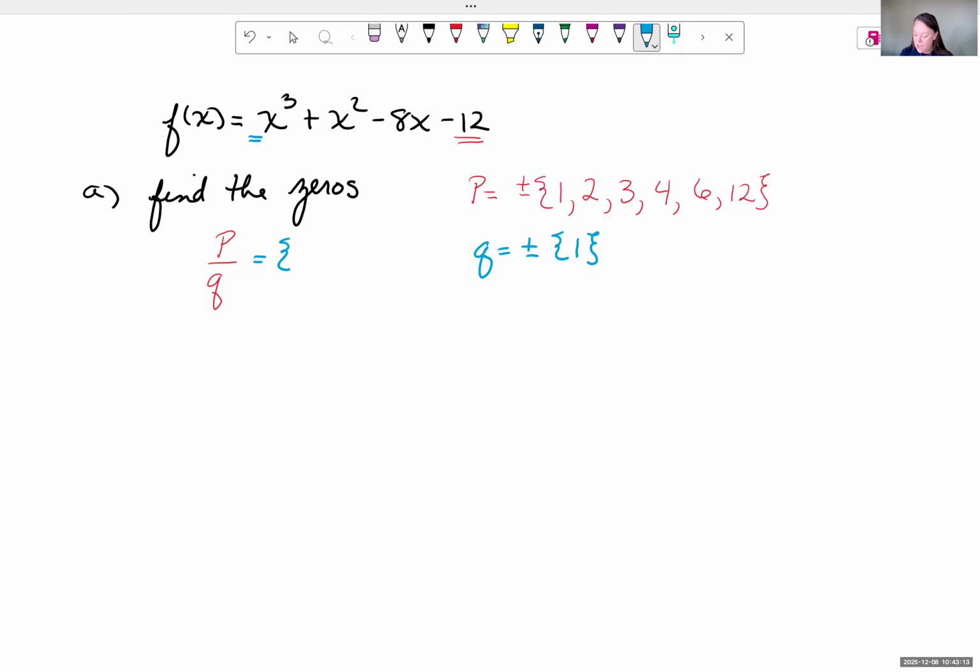So the only possible rational zeros, and it has to be rational for this to work, are 1, 2, 3, 4, 6, and 12. And so now I would just start using my synthetic division, hoping that I would get a 0 in that last row. And then that would tell me that that was a 0 of the polynomial.